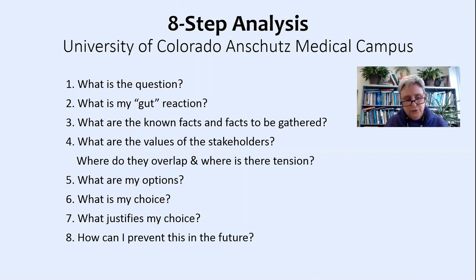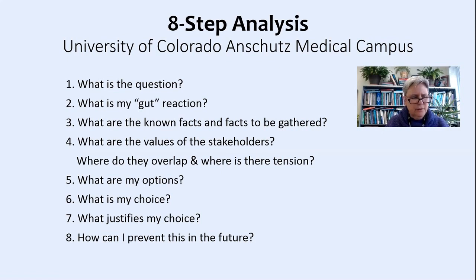What justifies your choice? Refer back to your stakeholder values. Your choice can be justified by appeal to the overlapping values or appeal to the most important values. Anticipate objections to your choice and respond to them or change your choice. Appeals to professional codes of ethics, guidelines, and literature are also important.